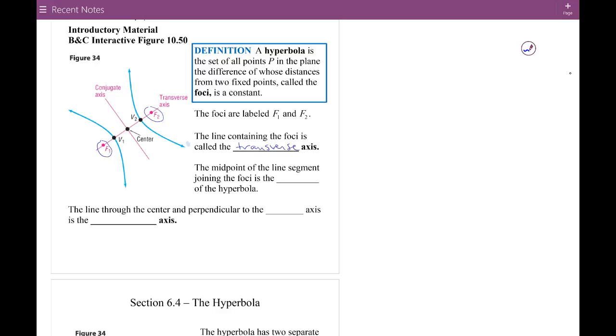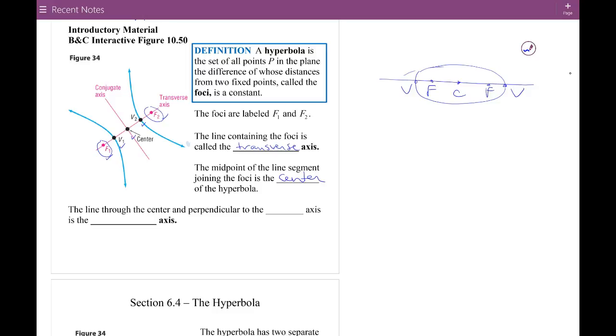Remember, with the ellipse we had a major axis where we saw vertex, focus, center, focus, vertex. Well, the focus points are always inside the curved shape. For the hyperbola, it goes focus, vertex, center, vertex, focus, but they are still all lined up. The midpoint of the line segment joining the foci is the center of the hyperbola.